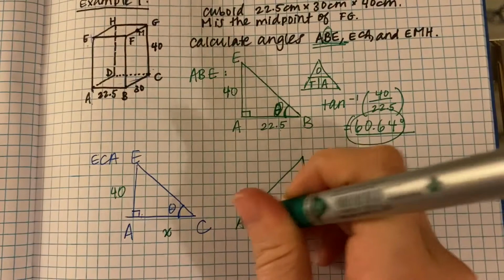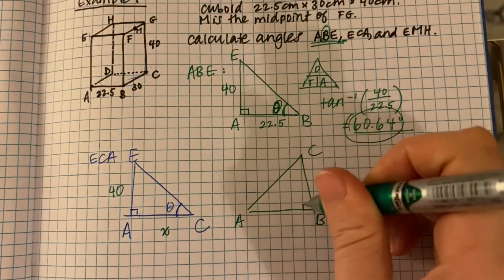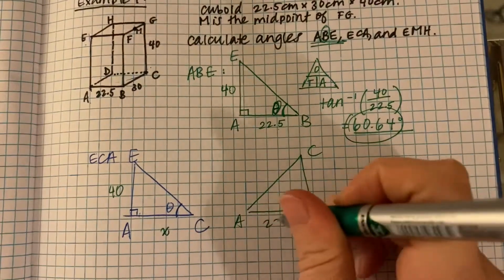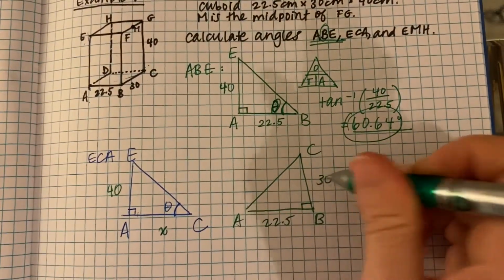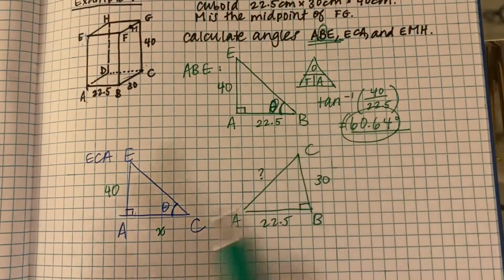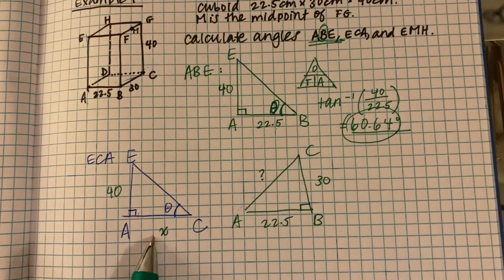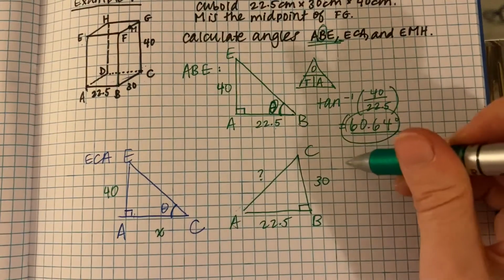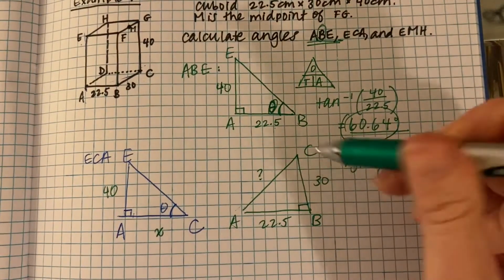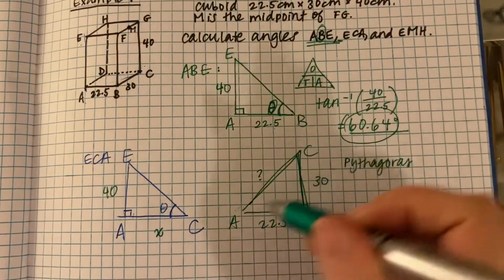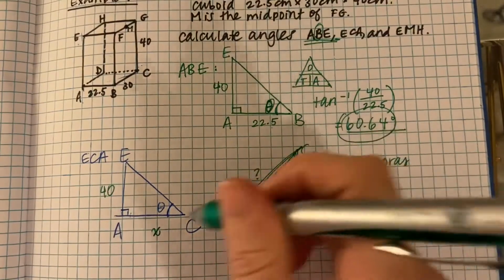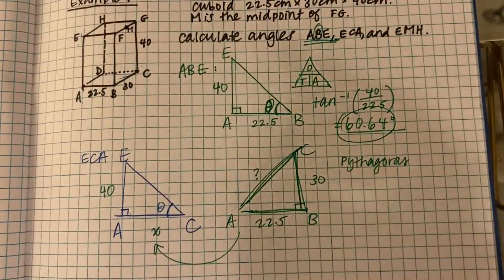A, B, and C, with a right angle at B. This is 22.5 and this is 30. So we can easily find the hypotenuse of this triangle, AC, which will match this value here. Whatever I come up with using Pythagoras, I'll bring over here as well.